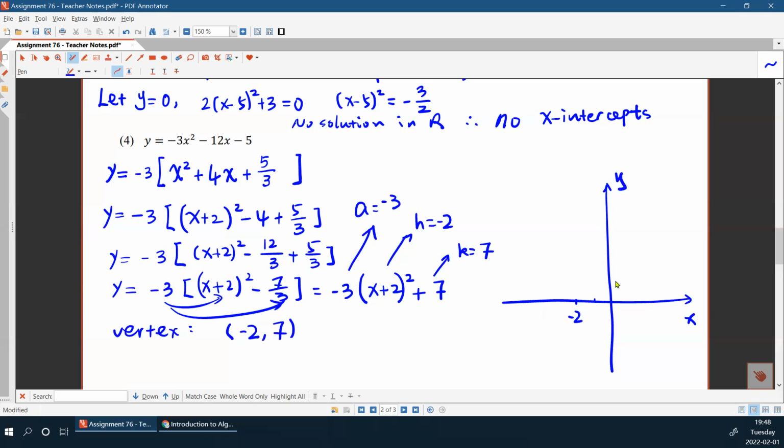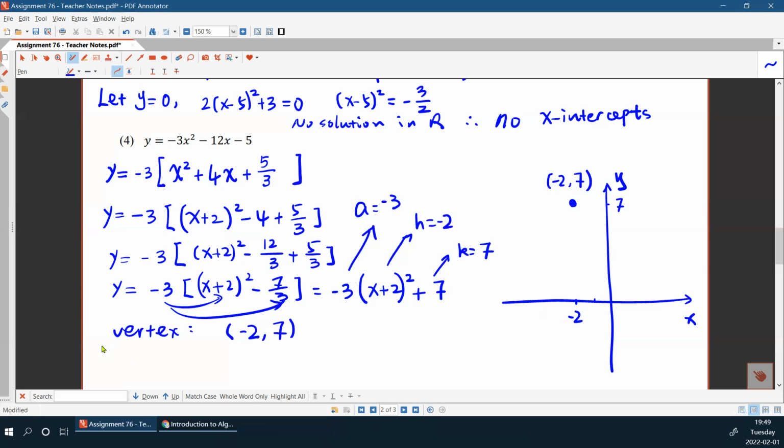And positive 7 is around here. Again, not necessary to scale as long as you keep all the elements to a correct relative positions. So here is negative 2, 7. This is a vertex, right?